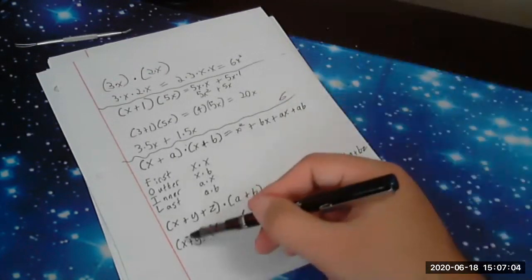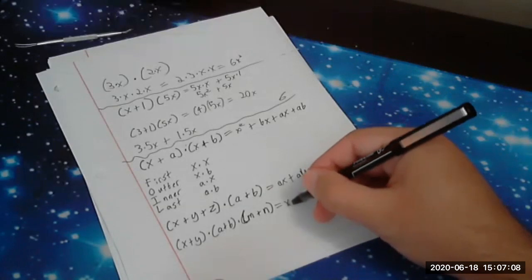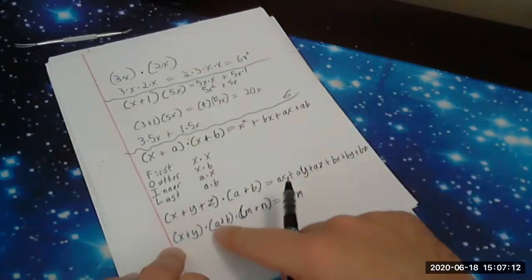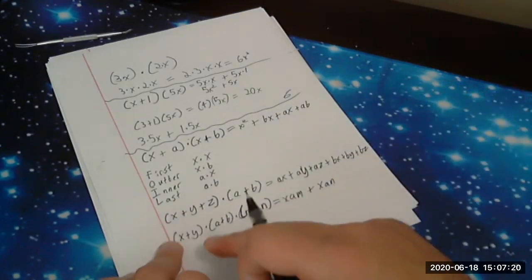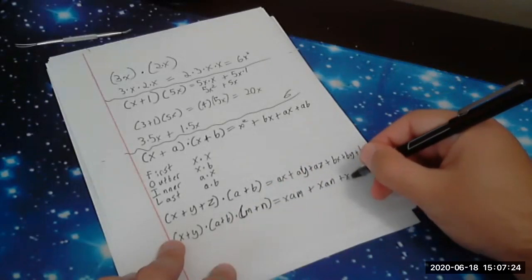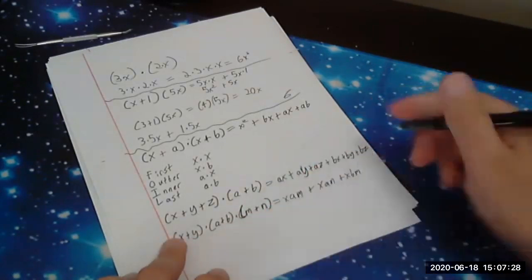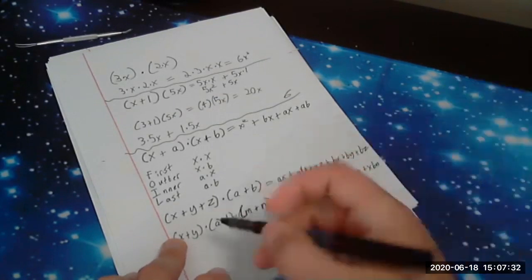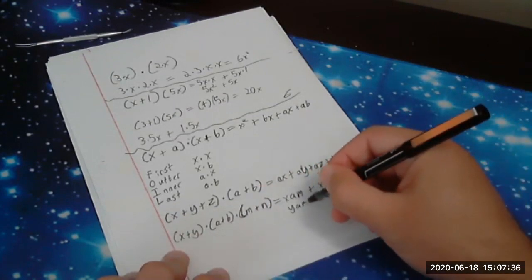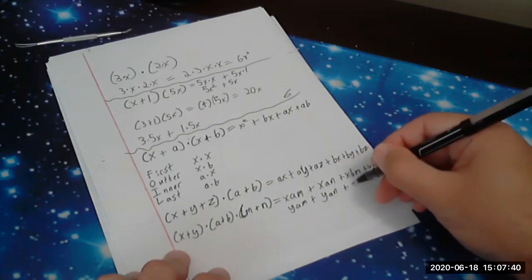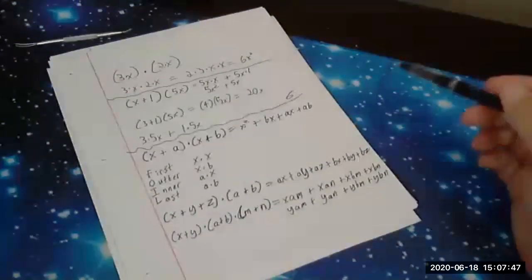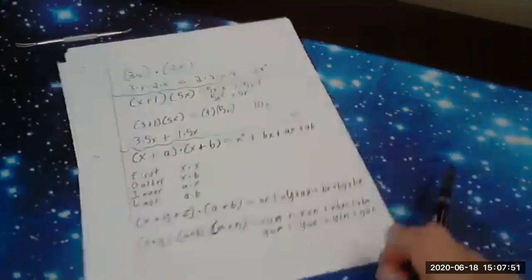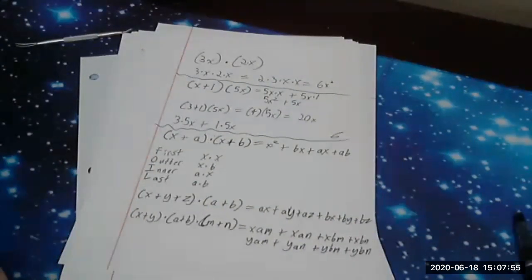So you can do the first ones first: X, A, and M. Well, now we could do X, A. We already did M, so let's do N. Well, we did X, A's, so let's do X, B, M. And now we can do X, B, N. And then you do the same thing with Y. And you won't see these a lot in this class, but they are definitely going to be coming up, I guess is the thing to say.